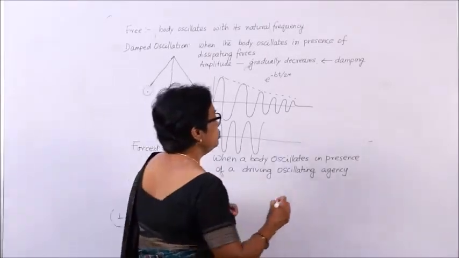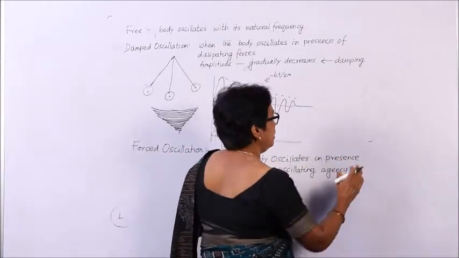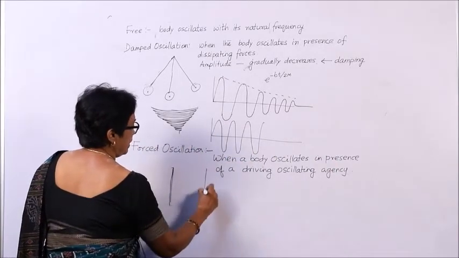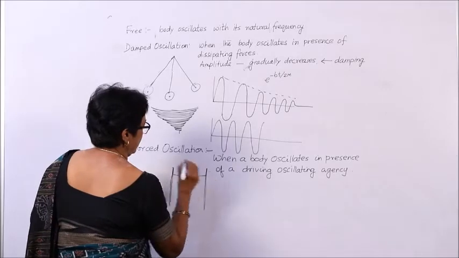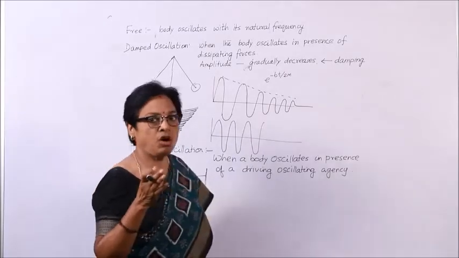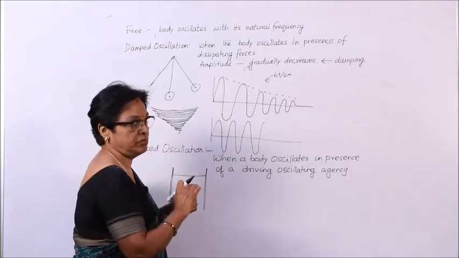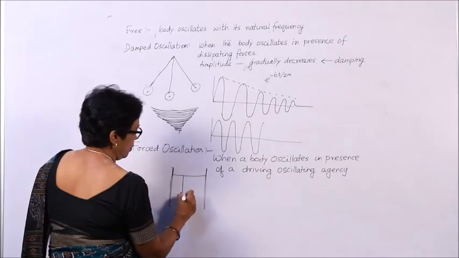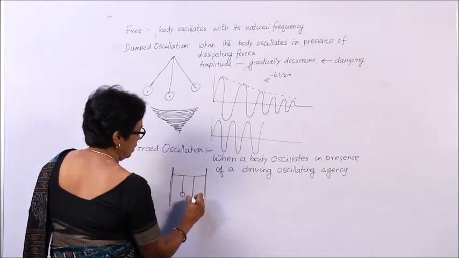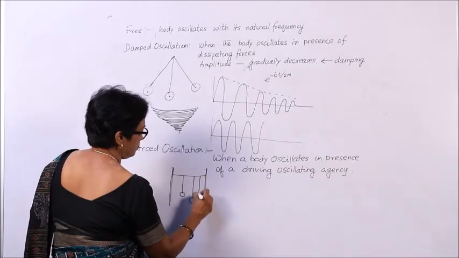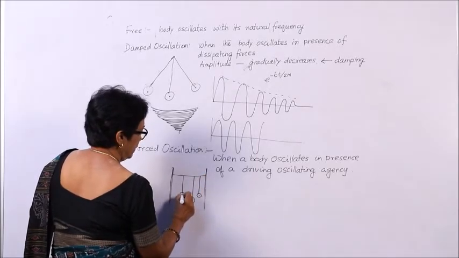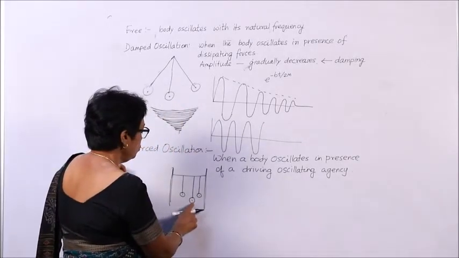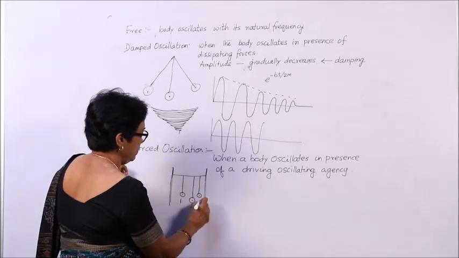For example, I do not have any way to show this whole thing, but suppose you take a rigid support, and put a bar or something solid and rigid, and from the rigid support you hang, let us say, minimum 3 simple pendulums: 1, 2 and 3.